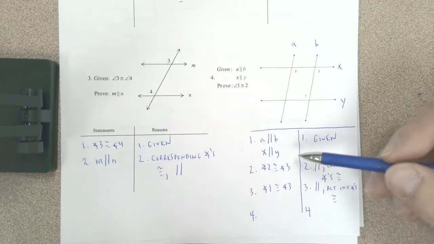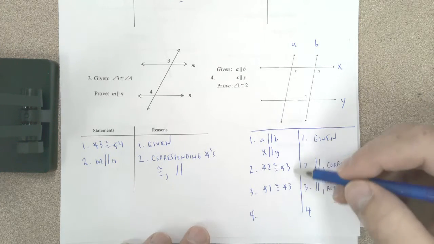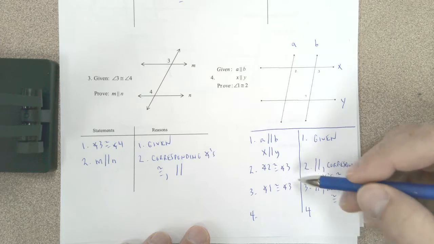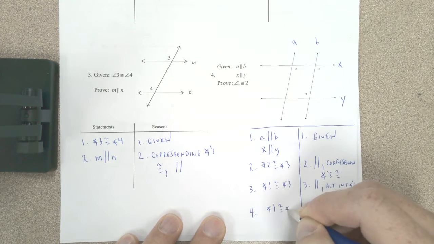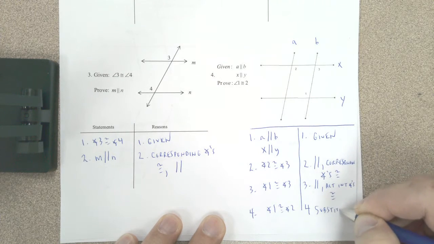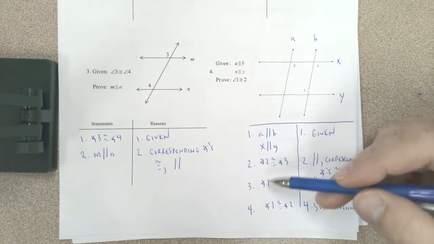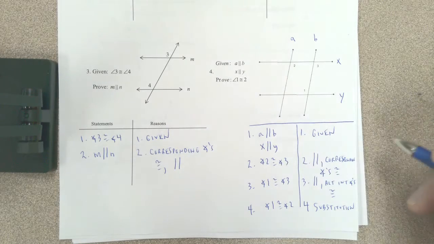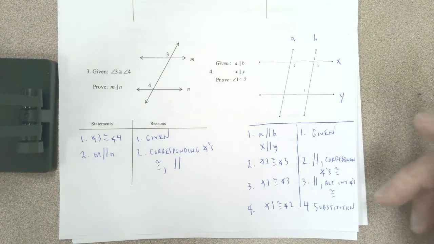Now that I know that 2 is congruent to 3 and 1 is congruent to 3, notice 1 and 2 are both congruent to the same angle. So I can now say 1 is congruent to 2. And by the way I have it written, this would be substitution. Again, if you wrote it in a different way, it could also be transitive. But again, in this case, it would be substitution.